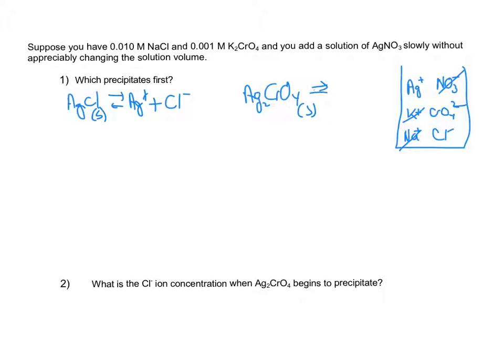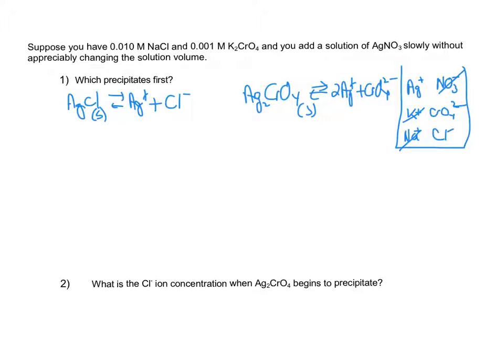This one is 2Ag+ and CrO4 2-. So if all the ions were the same concentrations, and this was a 1:1:1, and this was 1:1:1, like they were the same ratio, then you can just compare Ksp's.